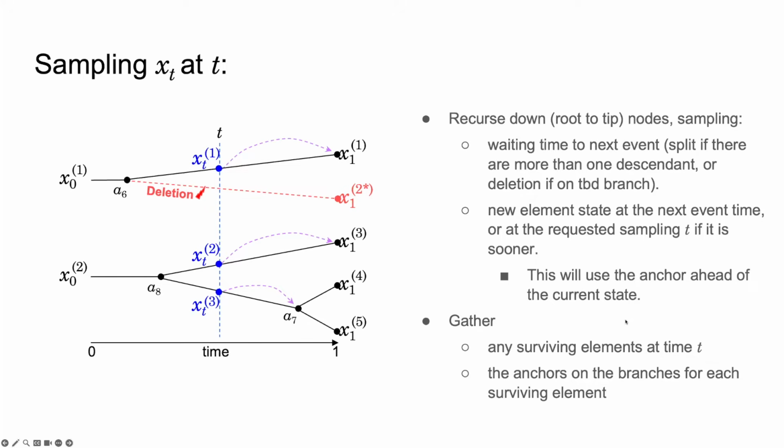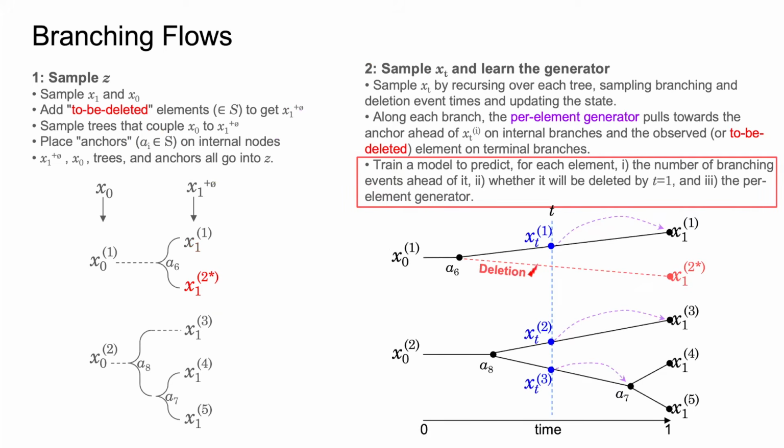the base process and how the state must be changing, you're training against the anchors for internal branches, right? So that tells you what the loss is going to look like, which is the next step because you have to train a model that will output split rates, output deletion rates, and output the generator of the base process.